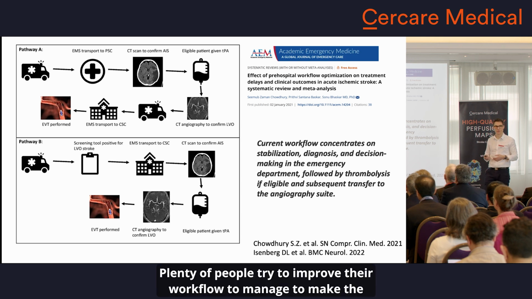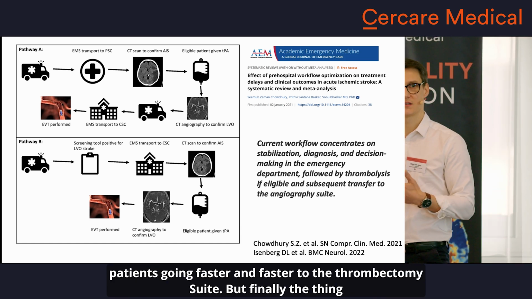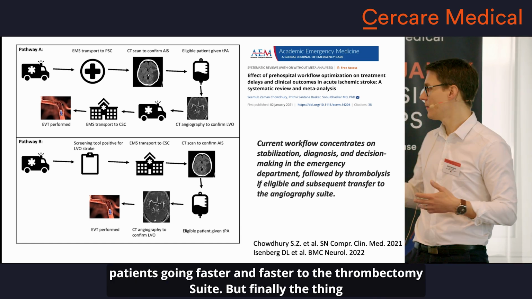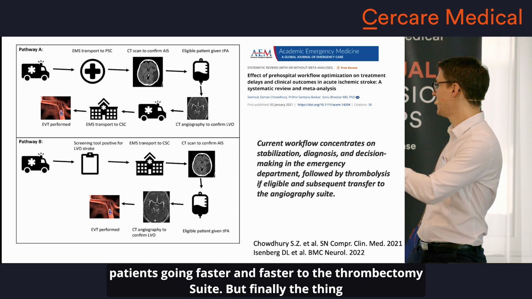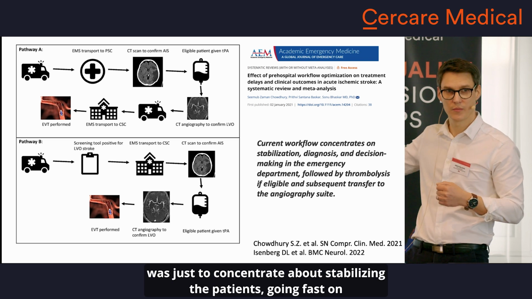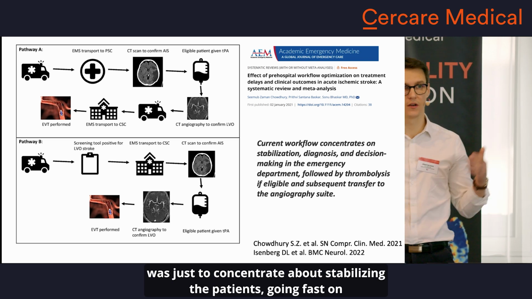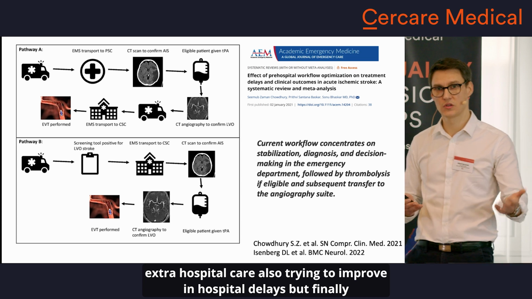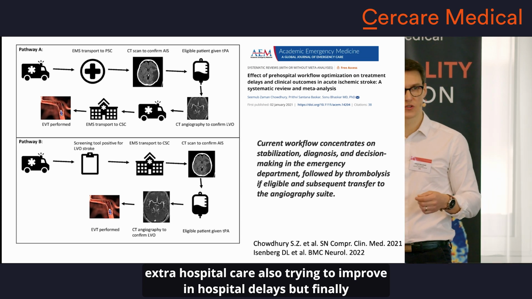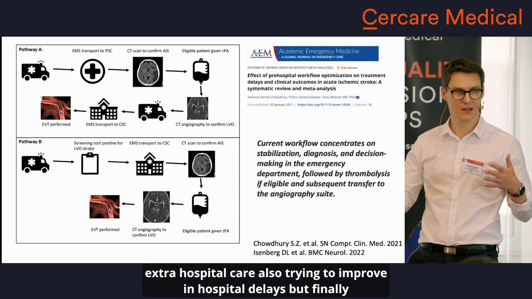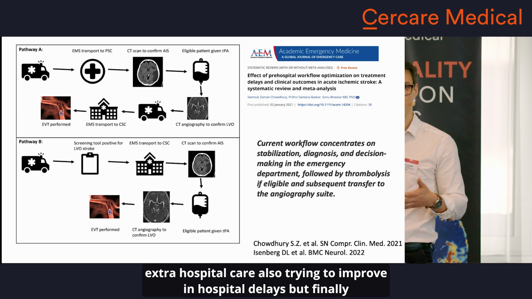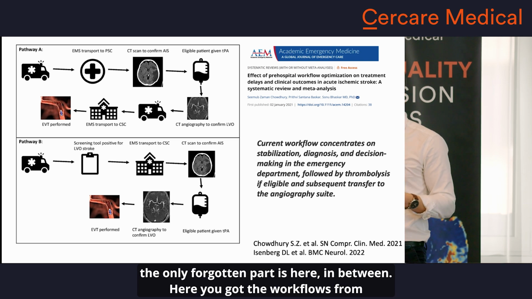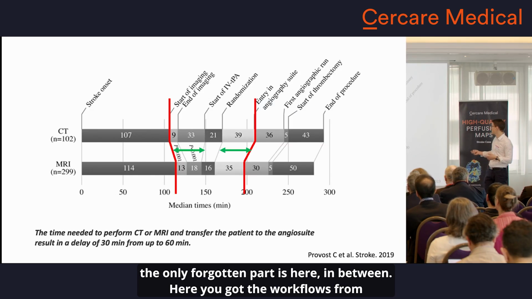Plenty of people try to improve their workflow to make the patients go faster and faster to the thrombectomy suite. But finally, the focus was just on stabilizing the patients, going fast on extra-hospital care, also trying to improve in-hospital delays. But finally, the only forgotten part is here, in between.